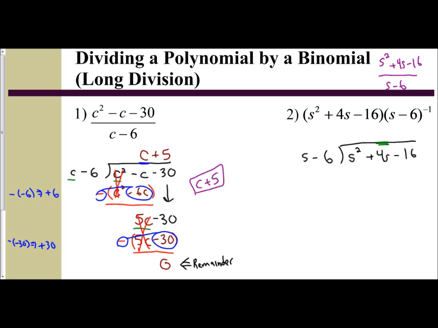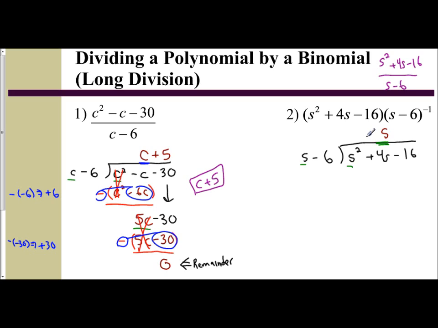And the whole point is to eliminate the largest term. So I'm going to focus on the s and the s squared. What do I multiply s by to get s squared? And that would be s. And you notice, my variable above my variable, my constant above my constant, variable above the variable.